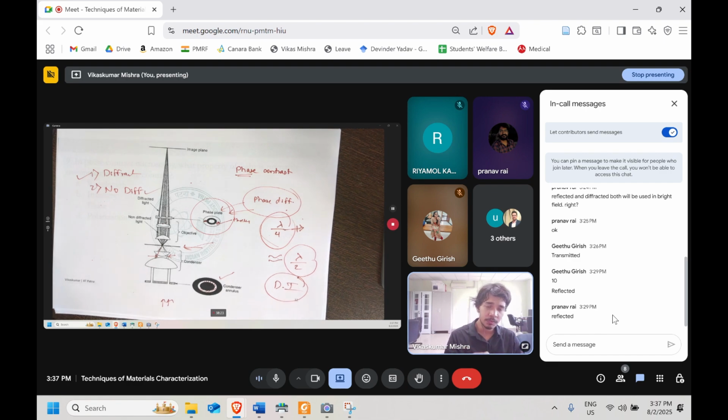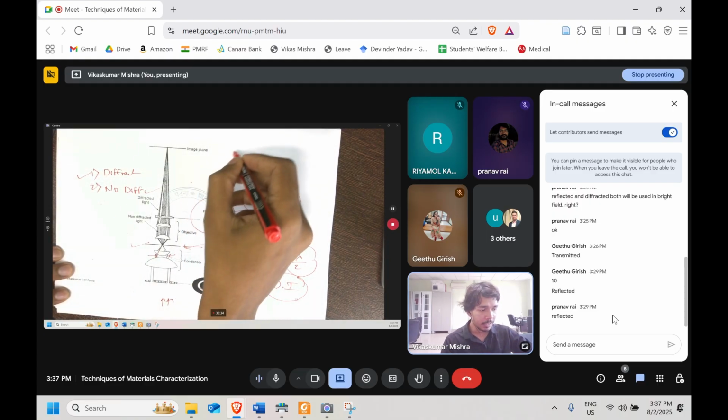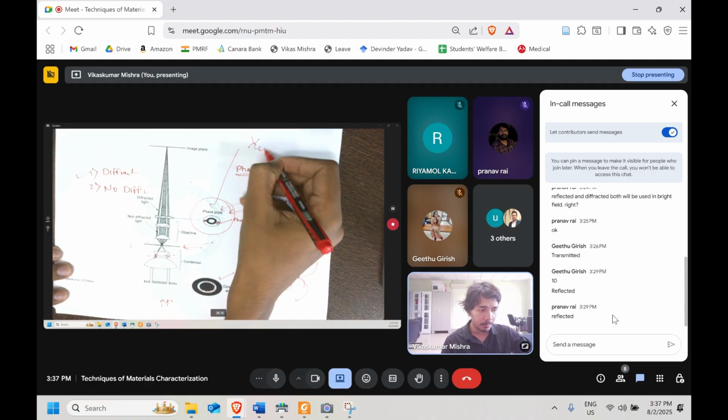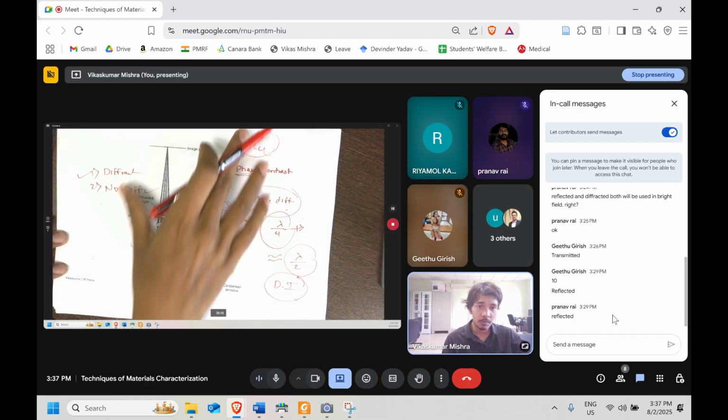Okay, it will give some white, it will have some amplitude, some intensity. So in this way our specimen is going to react. The phase plate is adding the phase difference of lambda by 4. We just need one more lambda by 4. If the specimen is creating lambda by 4 at a particular region, that region will appear darker. If it is not, that will appear white. This is the entire phenomenon that we are going to see.